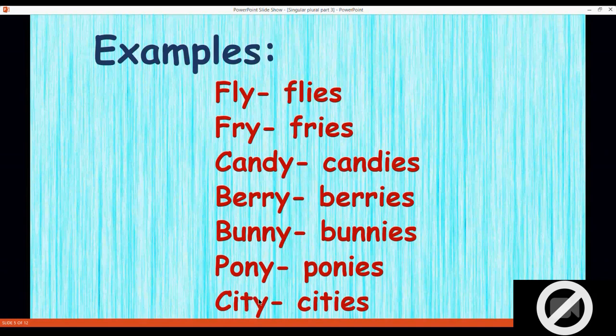Consonant. Then what should we do? We should add IES, but we should take away which letter? Y. Yes, you're right. We should take away Y and we should add IES.